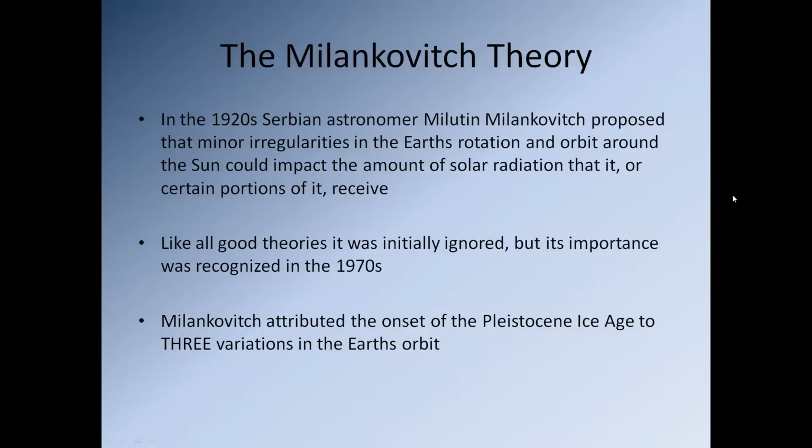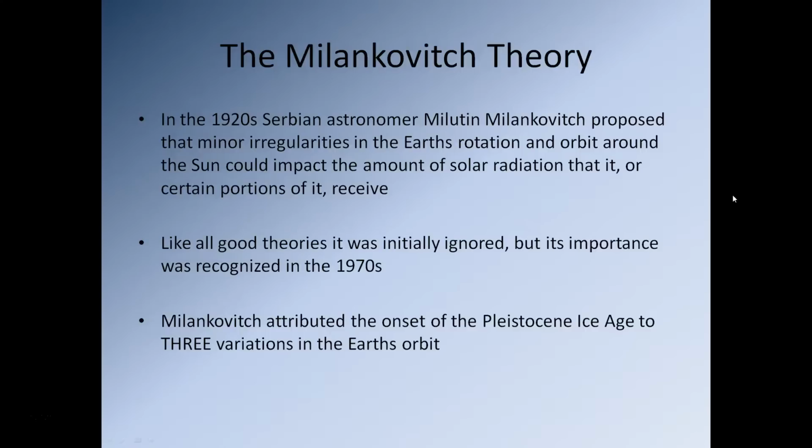So essentially, what he was saying was that there are periods of time when the Earth is going to receive less solar radiation. Therefore, that means global temperatures will be lower, and therefore you have a higher probability of a large-scale glacial event. And of course, like all good theories, it was initially ignored, but its importance was recognized in the 1970s.